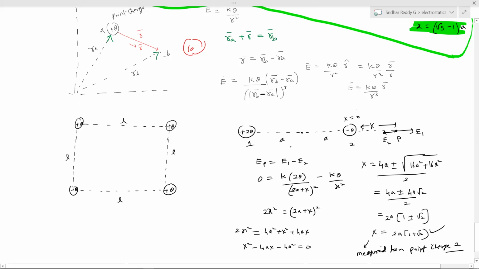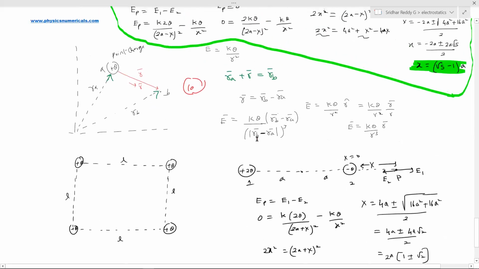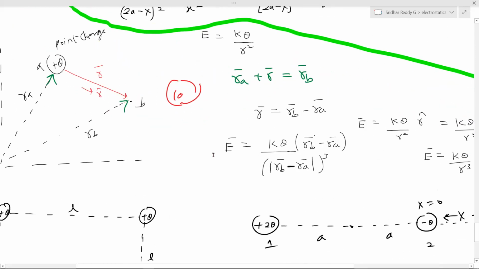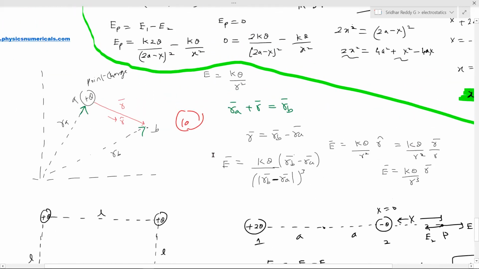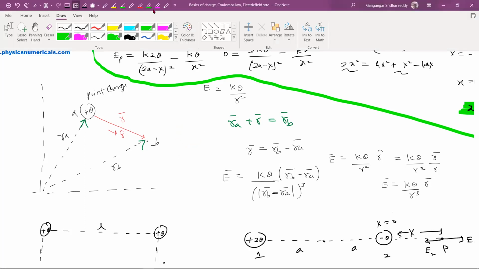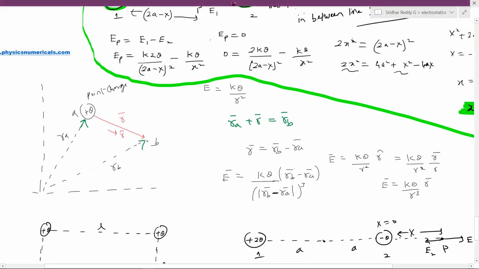And then we'll explore the next one: how to express the electric field strength in vector form. Can we find out the electric field strength in vector form? I kept a point charge plus Q in a space. What is the position vector of the point charge?